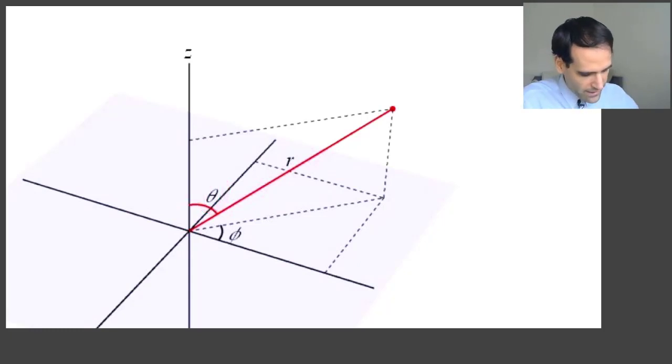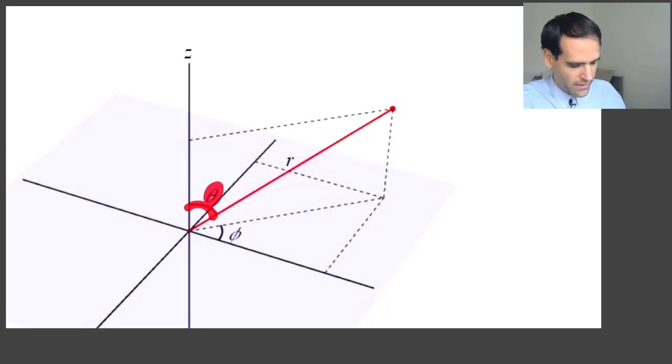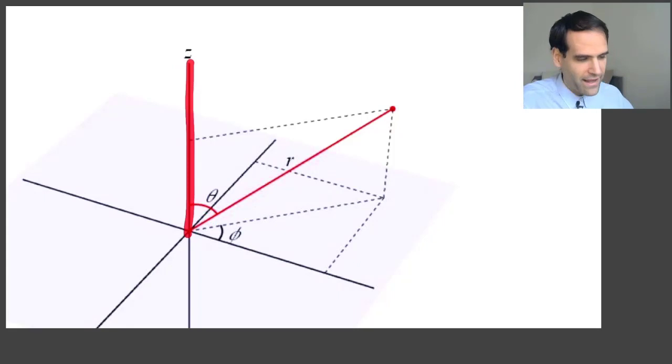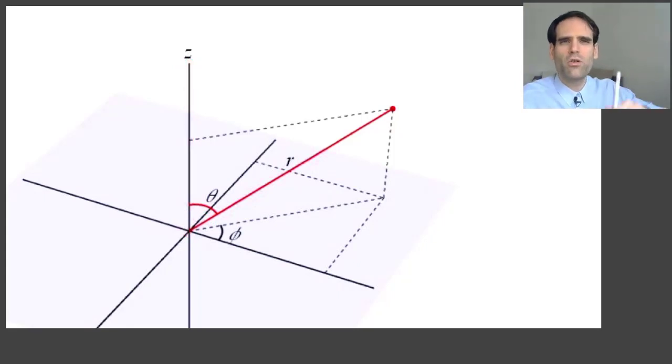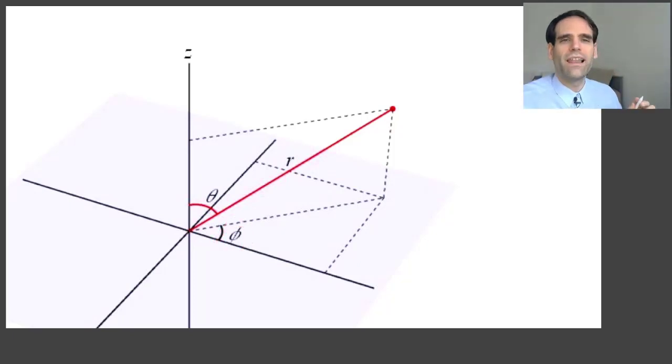But now we have an extra angle, which is this angle theta. And this angle theta is the angle between the z-axis and the line that joins the origin with the point. The angle theta is sometimes called the polar angle because it's the angle with the z-axis, which sometimes is called the polar axis. While the angle phi is sometimes called the azimuthal angle.